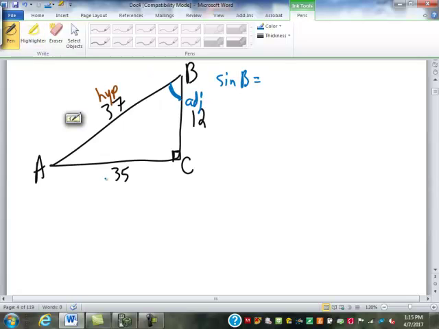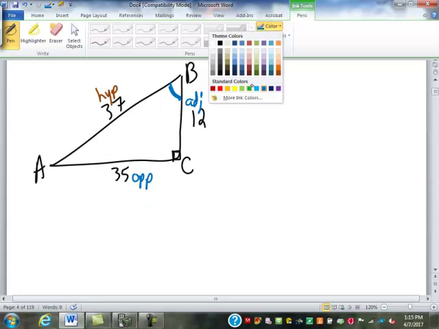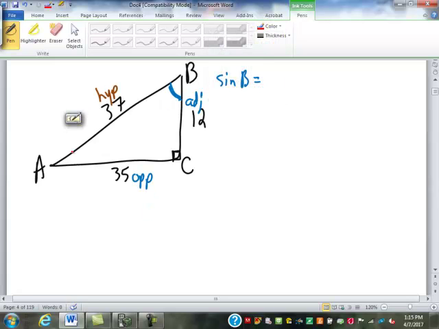So the 35 has to be the opposite side. Now, if I were looking at angle A, which side would be adjacent? The 35, because that's the side that touches angle A. So, of course, the 12 would be opposite. It's like I said before, depending on which angle you look at, the opposite and adjacent sides switch.